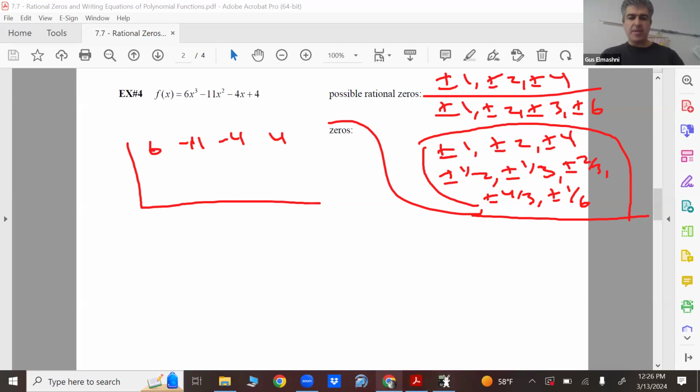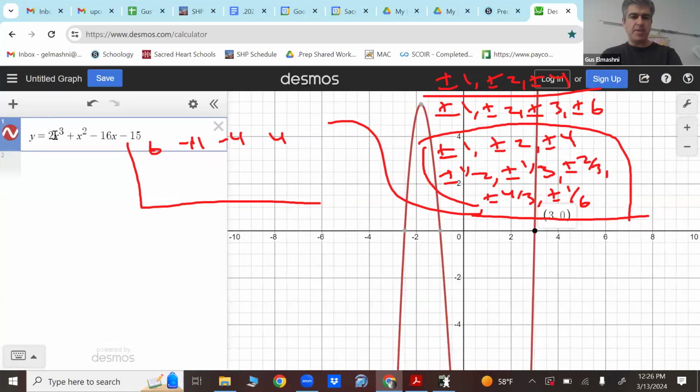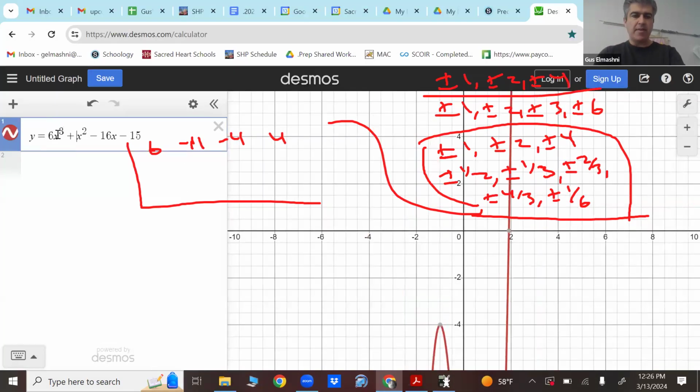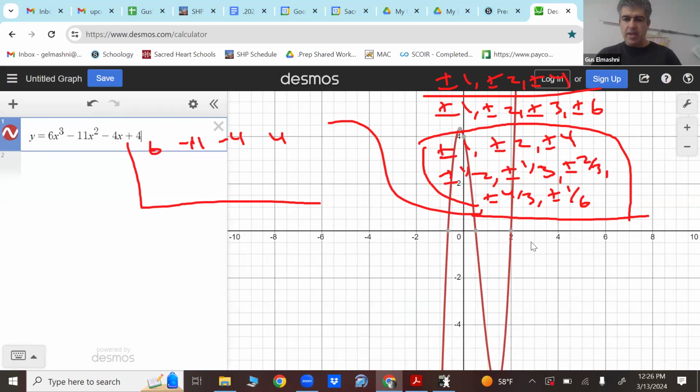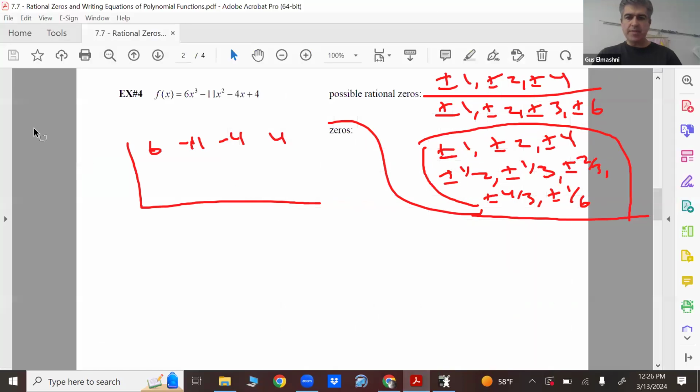So I'm going to just go to Desmos because I just feel more comfortable using Desmos. There we have kind of a template here. There we go. So I can identify one of them, 2 for sure. The graph looks like this.